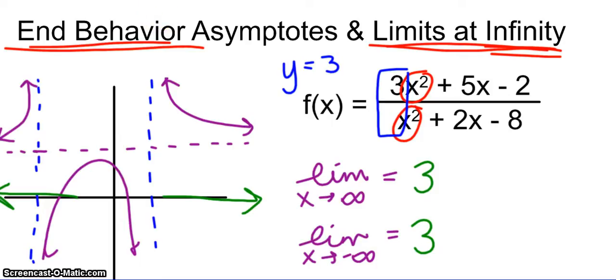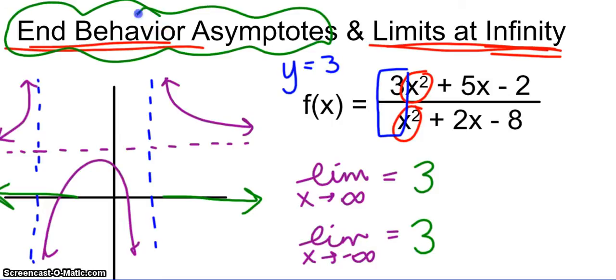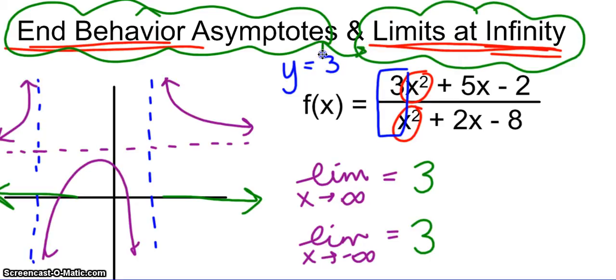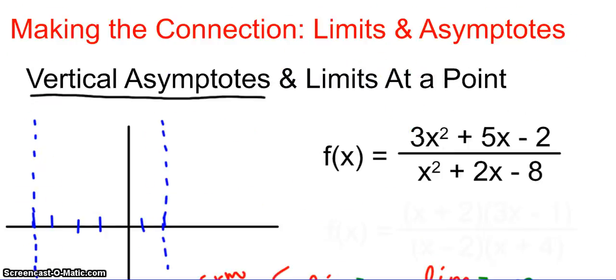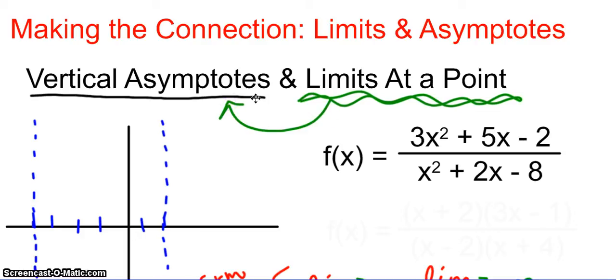So finding the end behavior asymptote helps us explain the limit at infinity and vice versa. The limit at a point, if you get a form of infinity, that is going to inform you that you have a vertical asymptote.